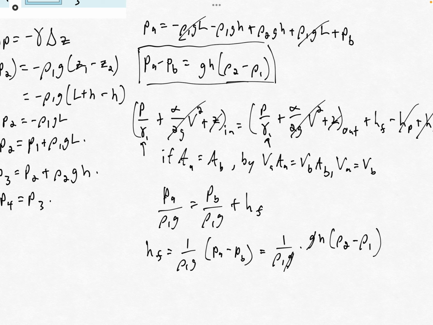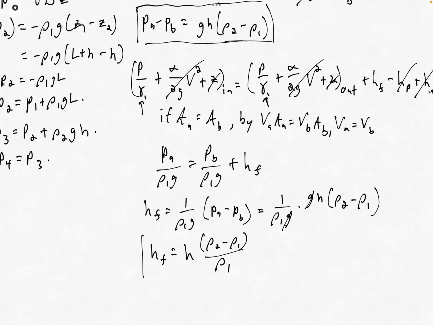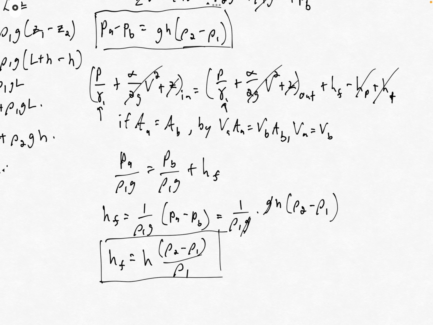And so our HF, to simplify a little bit, is going to be H, the height that we measured within that manometer U-tube, times rho 2 minus rho 1 over rho 1. So there we go. We've used our energy balance equation to relate the reading that we get from our manometer tube, which is really this value H here, to the head loss due to friction.